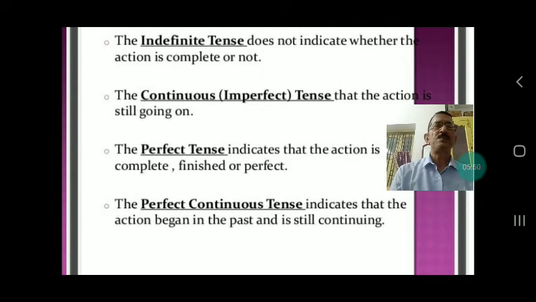Moreover, the present perfect, past perfect or future perfect indicates the action is complete, finished or perfectly done. The perfect continuous tense indicates that the action began in the past and is still in progress. So that is the basic idea that we need to comprehend, and if you remember these things, certainly you can never commit a mistake, but there are many more things to know.